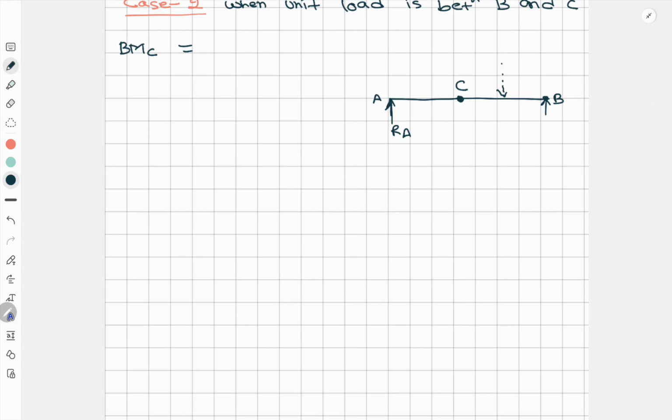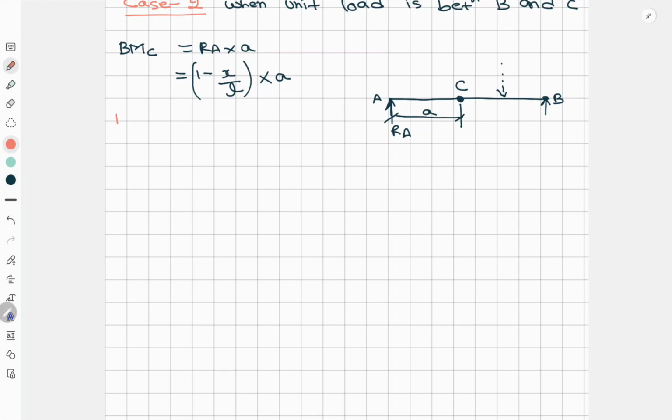RA into, up to here the distance was A, right? So it will be RA into A, and we know the equation for RA, that is (1 minus X by L), into A. So this is the equation for BMC for the case 2 condition.